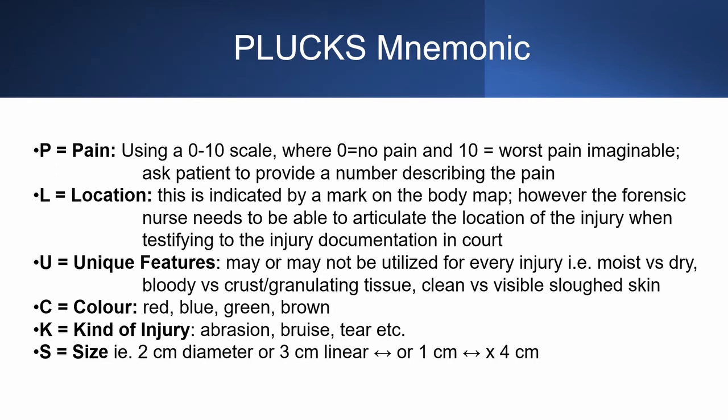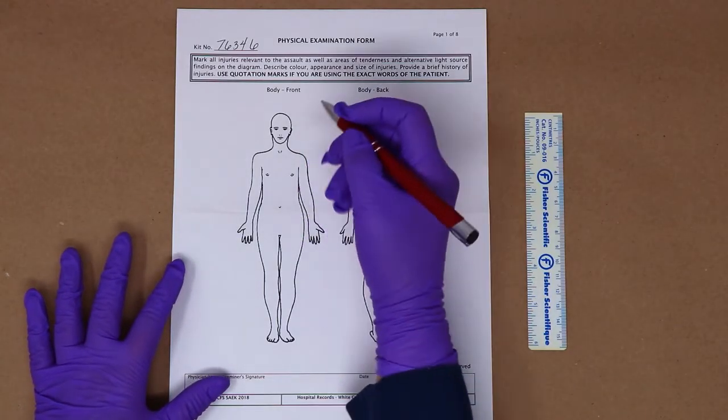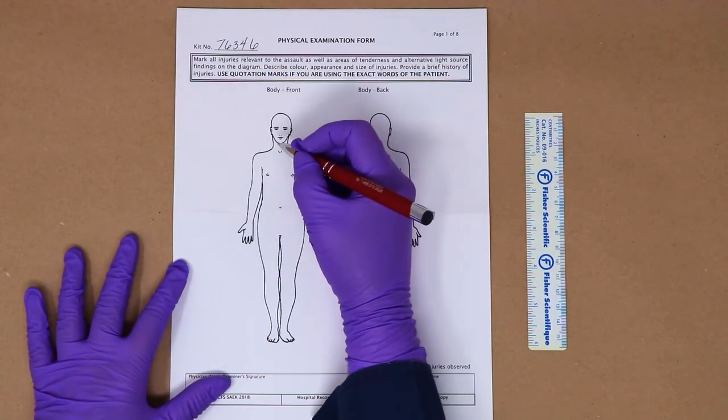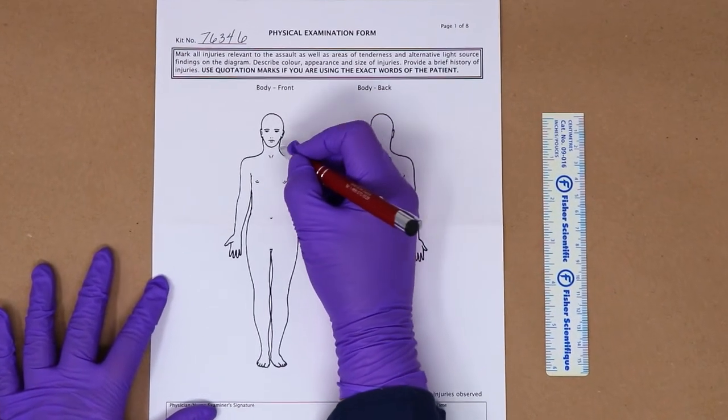The PLUCKS mnemonic is used elsewhere in the training and refers to the following: pain, location, unique features, color, kind of injury, and size. This tool can be used to assist in completing the physical examination forms. Describe the color, appearance, and size of injuries on the diagrams provided.